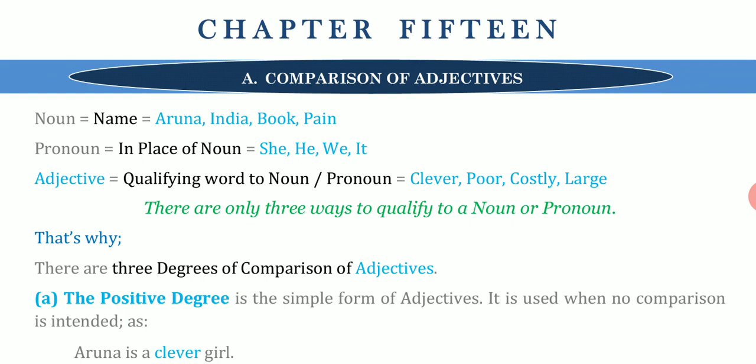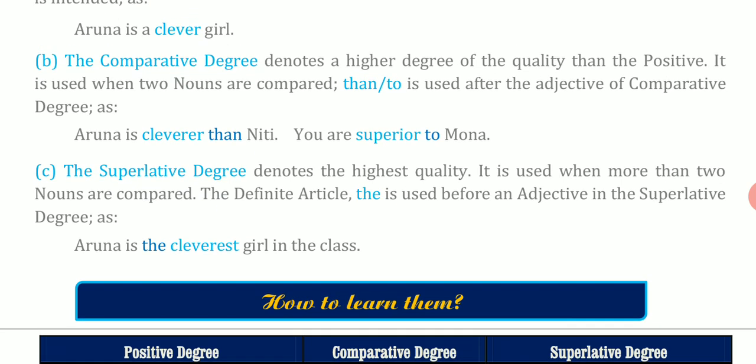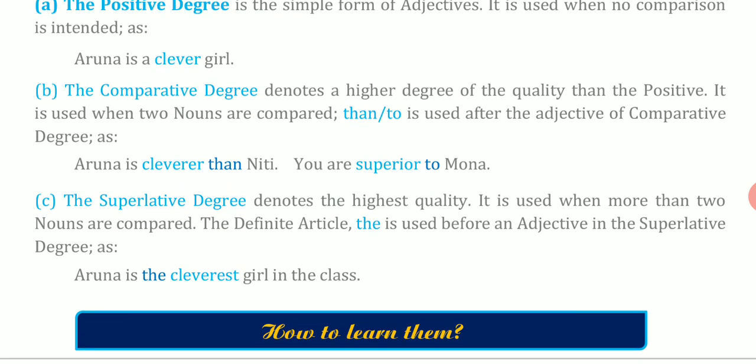Positive degree is the simple form of adjectives. It is used when no comparison is intended, as Aruna is a clever girl. Here we can see the quality of Aruna. The comparative degree denotes a higher degree of the quality than the positive.